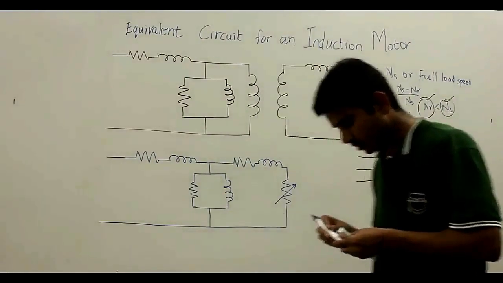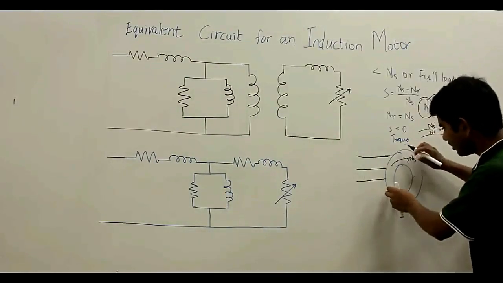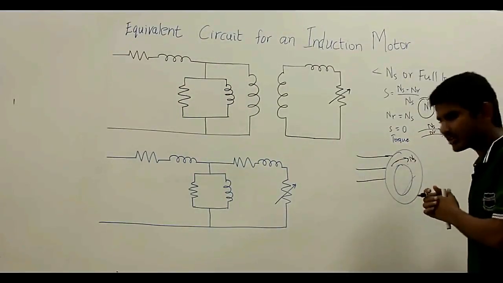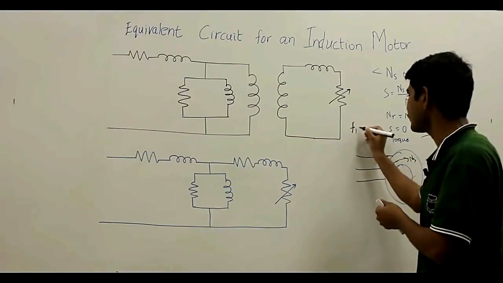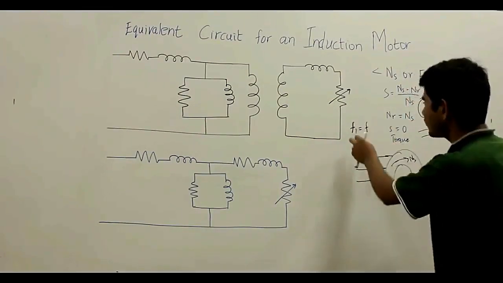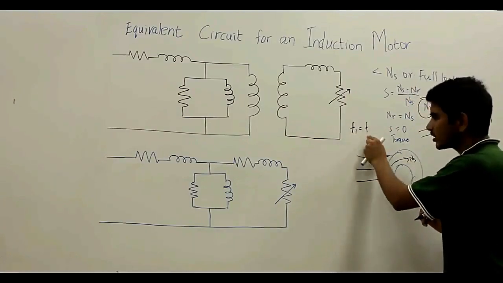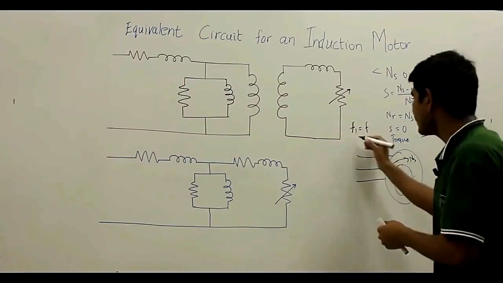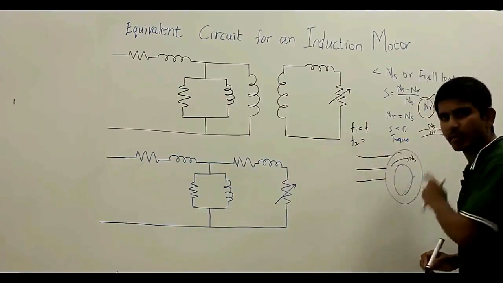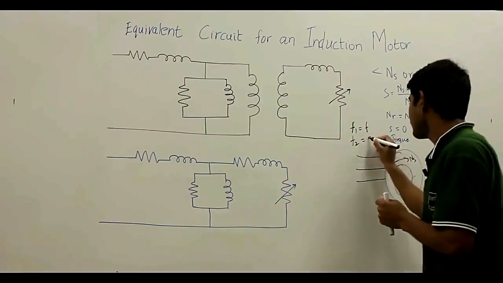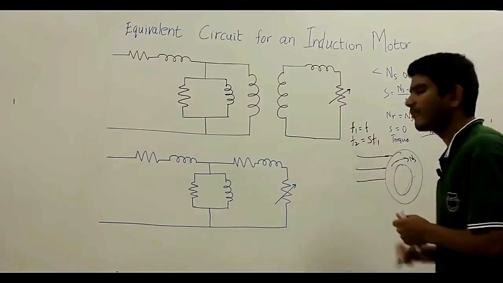Now, the frequency at which this induction takes place: if F1 is the supply frequency, the stator frequency is equal to the supply frequency F1, and your rotor frequency F2, when the motor is operating at slip S, will be equal to S into F1.